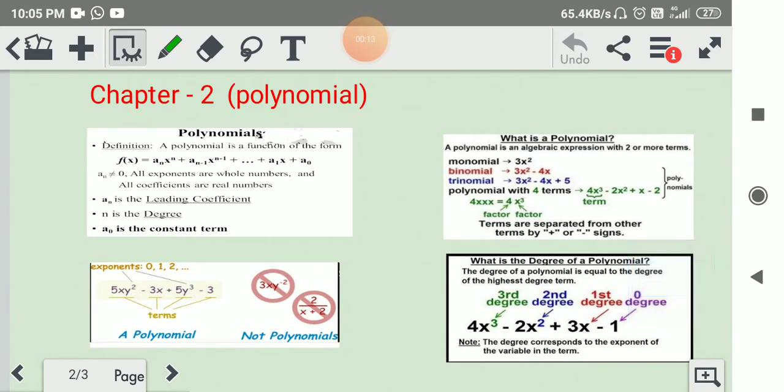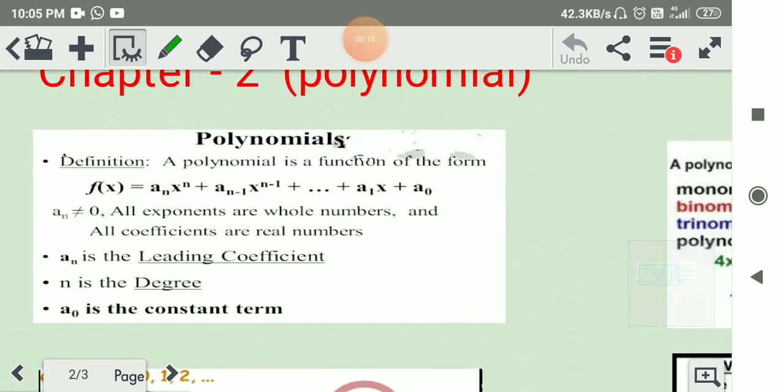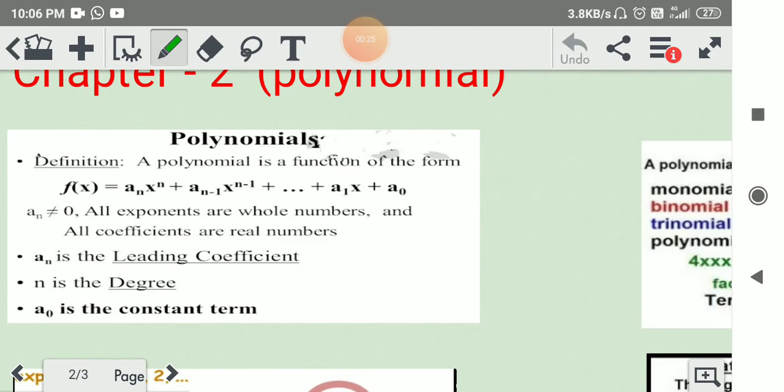What is a polynomial? We can say, easily, the definition of a polynomial: a polynomial is a function of the form f(x) = a_n x^n + a_(n-1) x^(n-1) + ... + a_1 x + a_0. Here a_n cannot be 0 and all exponents are whole numbers.